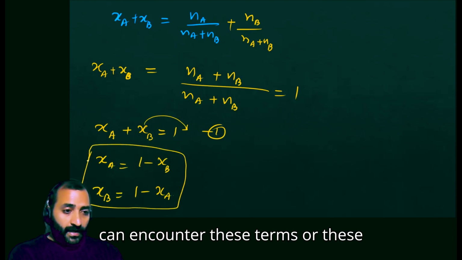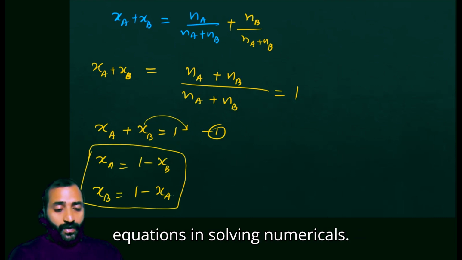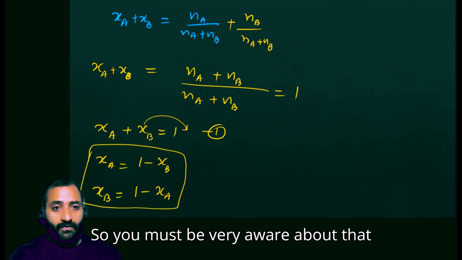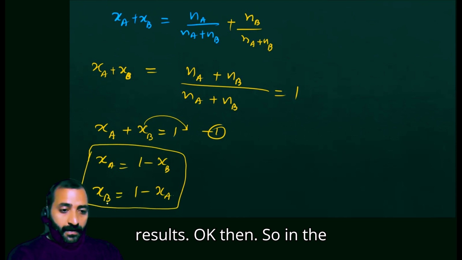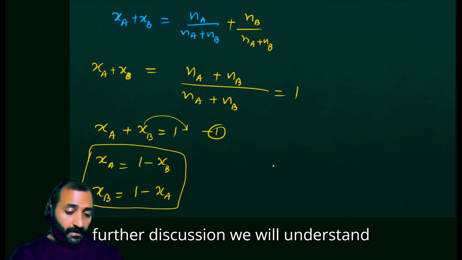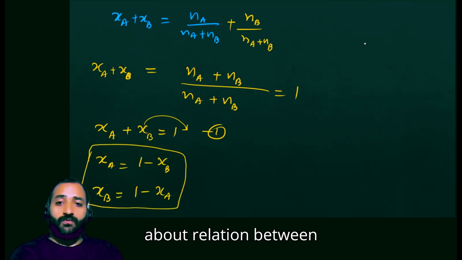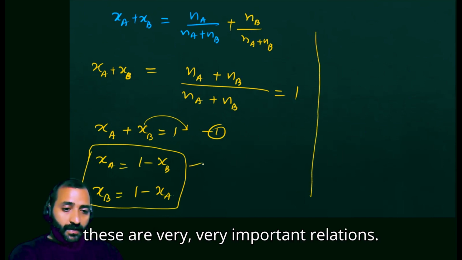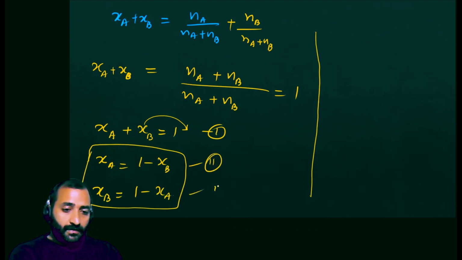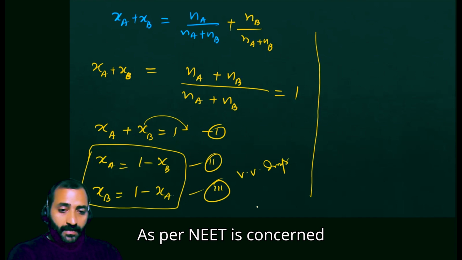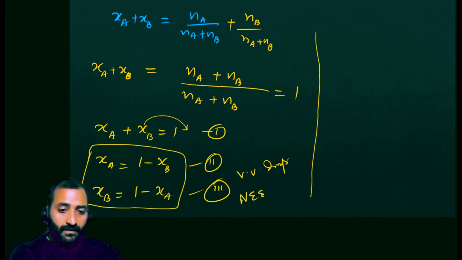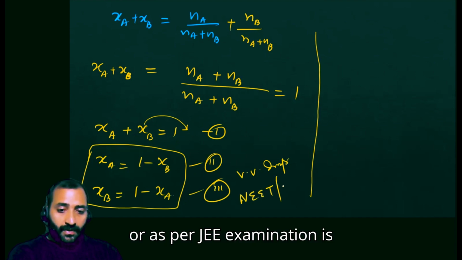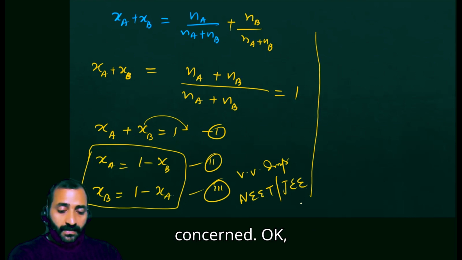You can encounter these equations in solving numericals, so you must be very aware of the results. In the further discussion, we will understand relations that are very, very important as far as NEET or JEE examinations are concerned.